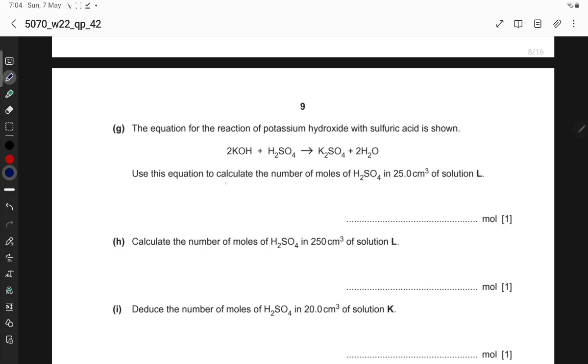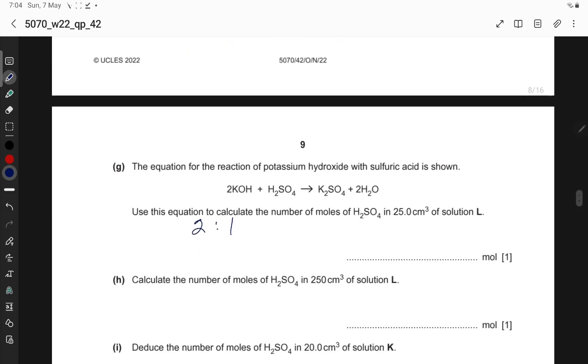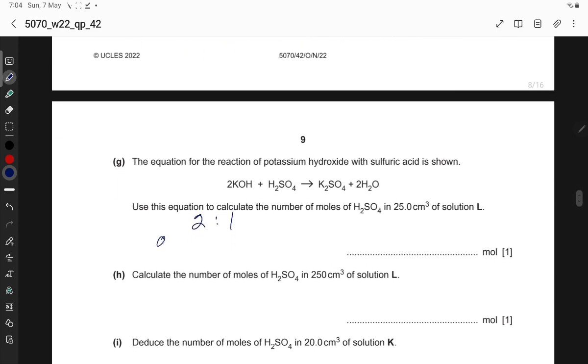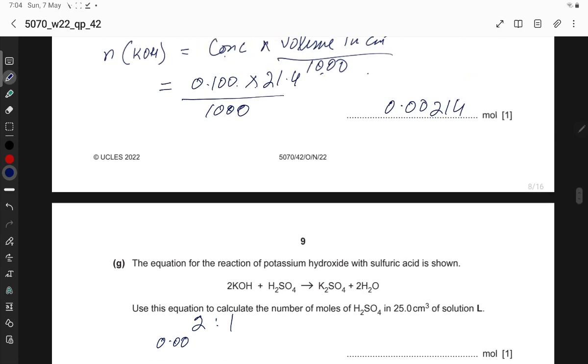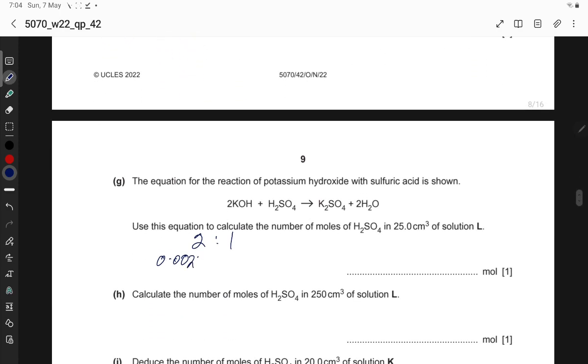The equation for the reaction of potassium hydroxide with sulfuric acid is shown. Use this equation to calculate the number of moles of H2SO4 in 25 centimeter cube of solution L. The ratio is 2:1. Potassium hydroxide is 2 moles and sulfuric acid 1 mole.